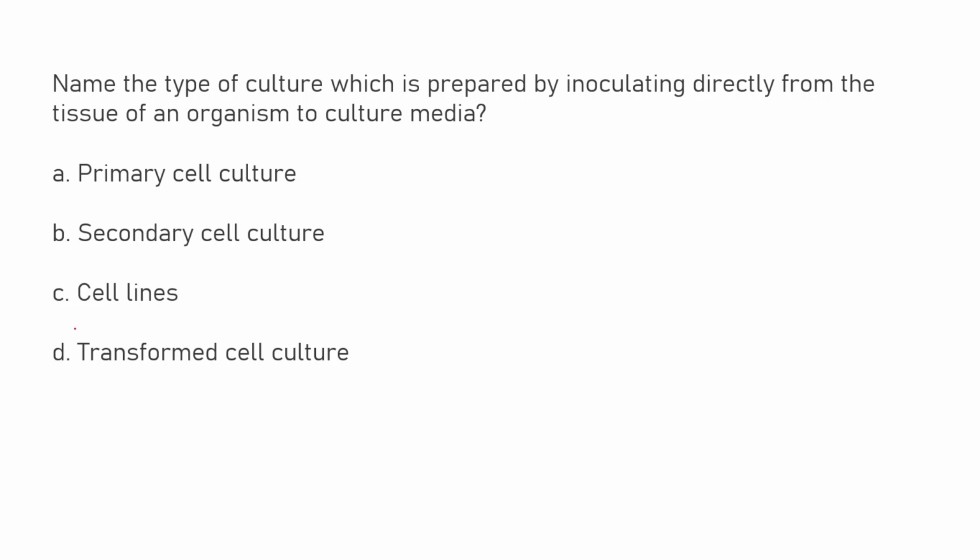So the four options are primary cell culture, secondary cell culture, cell lines, or transformed cell culture. So as I discussed in the previous question, the type of culture which is prepared by obtaining directly from the source or directly from the tissue of an organism will be our primary cell culture.